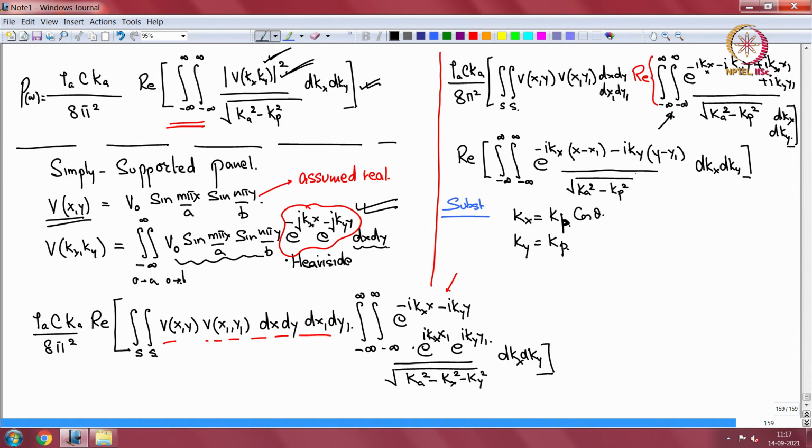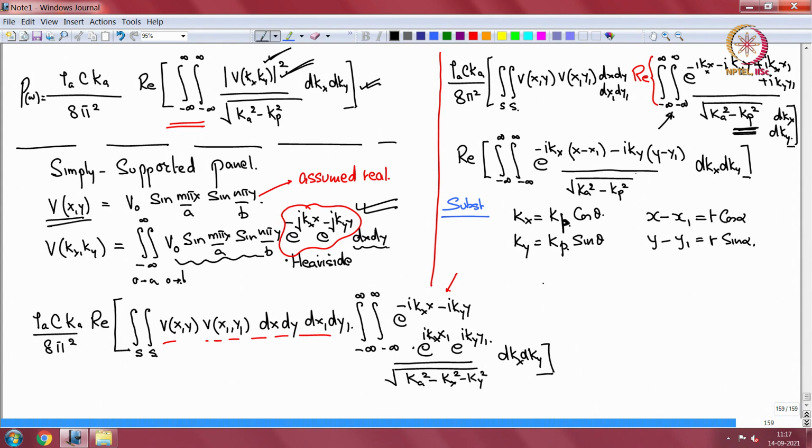Occasionally I may write this kp as kb, but for me both are same. So, kp sin theta, and x minus x1 is r cos alpha and y minus y1 is r sin alpha.